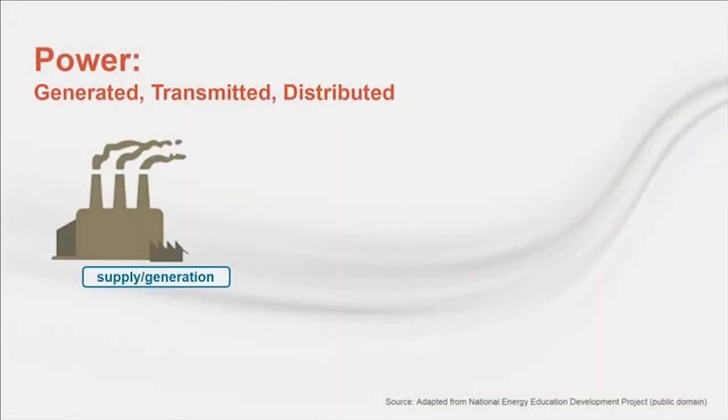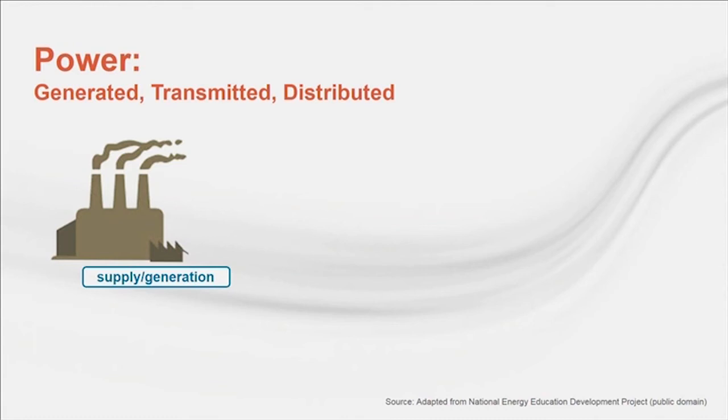But before we jump right into demand response, let me cover the components of electrical power in general. Now, a common way to think about electrical systems is in terms of three main components: generation, transmission, and distribution. A generator converts one form of energy, like mechanical energy, into electrical energy.